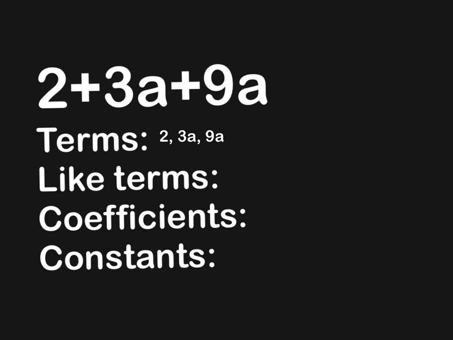That's it. Nothing else. No tricks. And we have to find the like terms. Which ones go together? So you can't add 2 to 3a because there's an a. So 2 and 3a are not like terms.